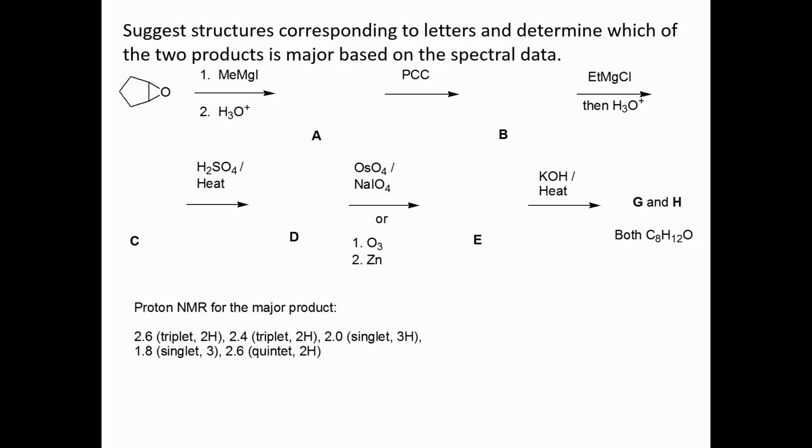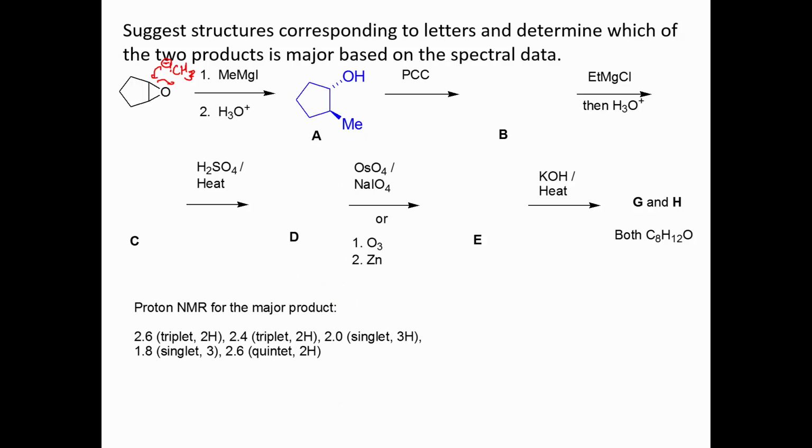So let's think about these. These involve some older reactions. The epoxide is going to react with methyl Grignard. We're just going to think of this as methyl anion. So that's going to open that.